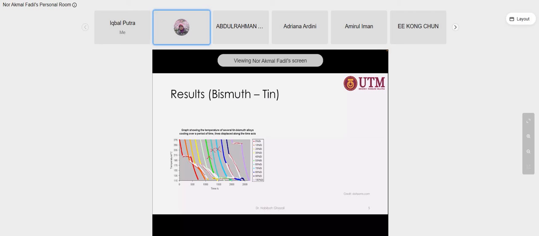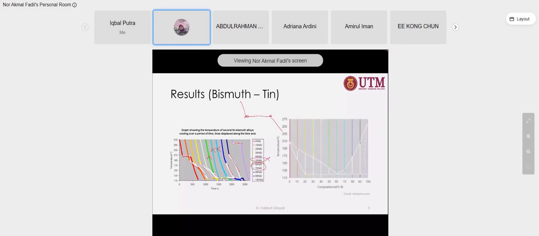The green one, this one is 50%. For the 50%, it is a gradient temperature, but this one is not. But between 60% and 70%, you can see that the cooling curve almost has a transformation phase at a constant temperature. For 60 and 70, almost.